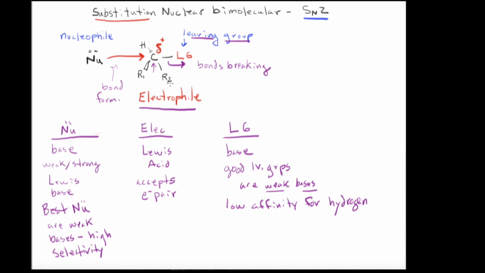I did this on purpose because one of the key features of an SN2 reaction is the fact that they undergo inversion of stereochemistry. So I'm going to write that down here. They invert stereochemistry.